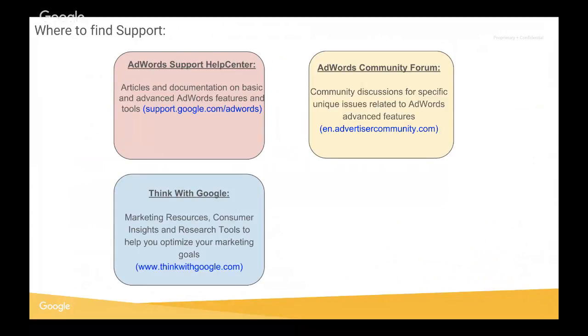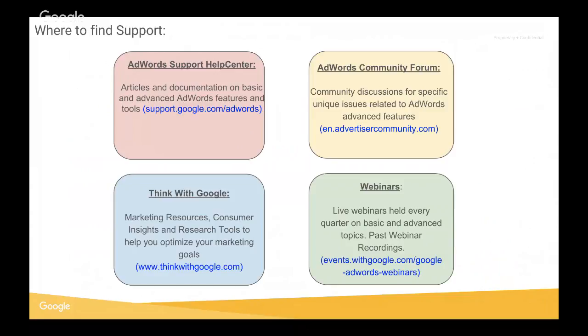Also, look at Think with Google. This is a platform that we have where you can find market resources, consumer insights, and market research on various locations, industries, etc. This can also be useful for getting insights and numbers. And lastly, webinars like this. This webinar series that we have started is a source of information and support.